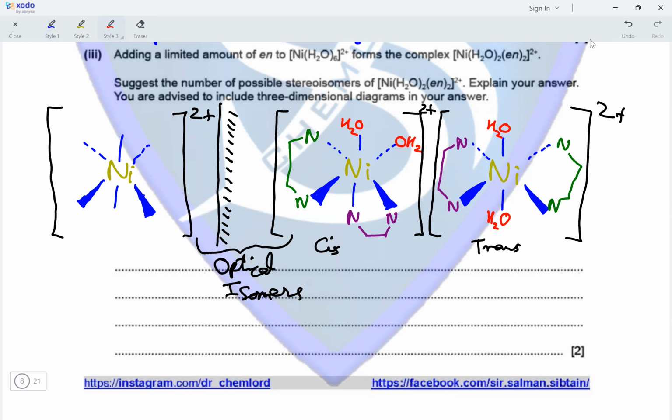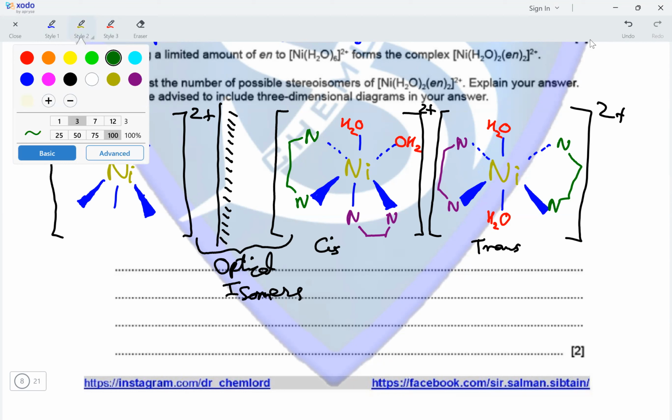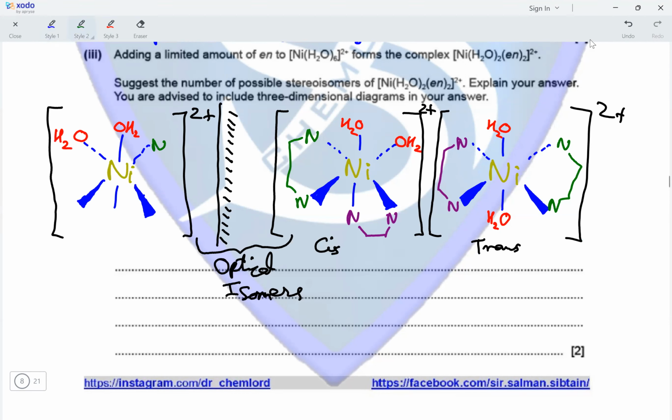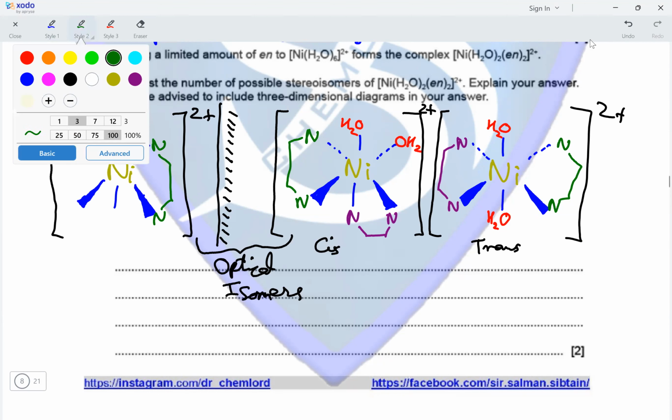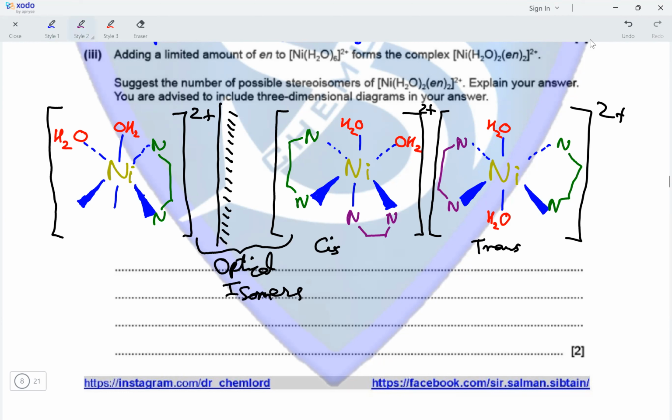So for water, one will be placed here and the other will be placed here, thereby mirroring the one already made. And the remaining positions will be occupied by en molecules. So one en molecule here as a mirror image of the first one and another one in the remaining position, thus completing the third isomer of the given complex.